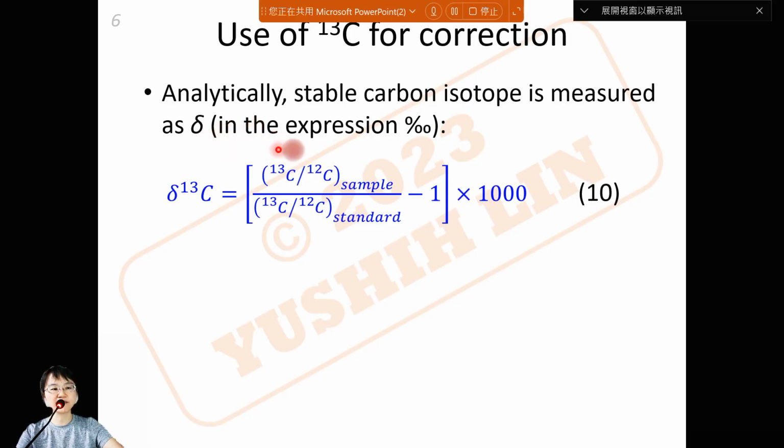This is the definition of the delta notation. Delta C13 is equal to the ratio C13 to C12 in the sample divided by the ratio in the standard, minus 1, times 1,000. The reason for this 1,000 is because the value here is usually very, very small.